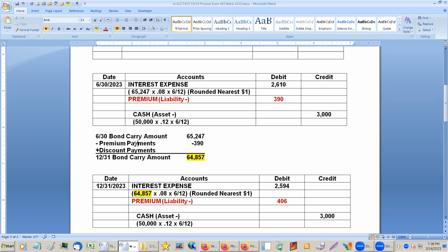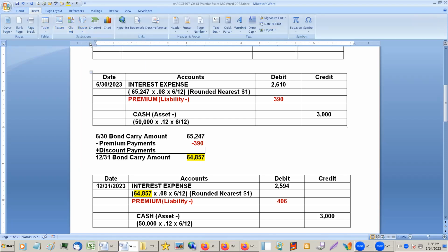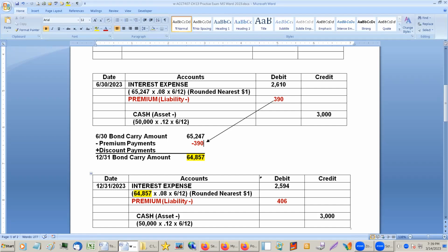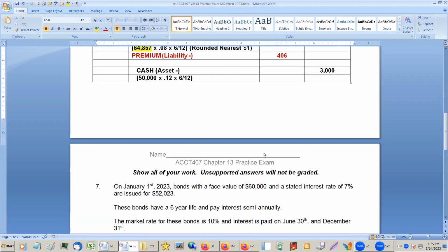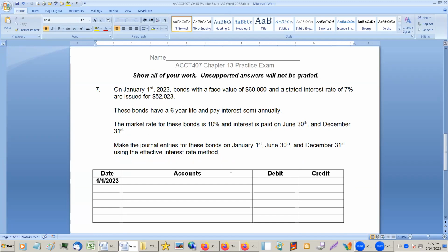It's going to be one or the other. Question on that? All right. Let's jump to the next one.